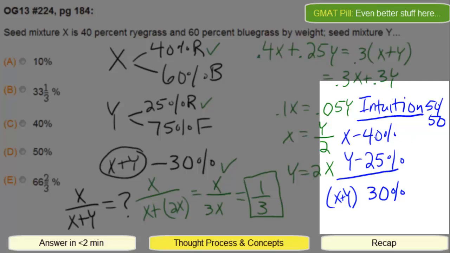The exact midpoint between these two, if you had a 50-50 split, would be the midpoint between 40 and 25. If you find the difference, that's 15. Divide that by 2, that's 7.5. Add that 7.5 to the 25, and you get 32.5. So the midpoint here is 32.5%.